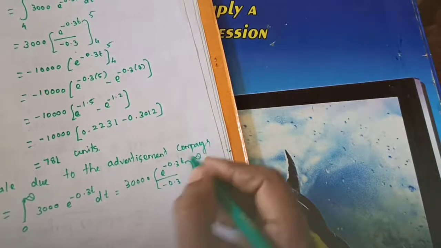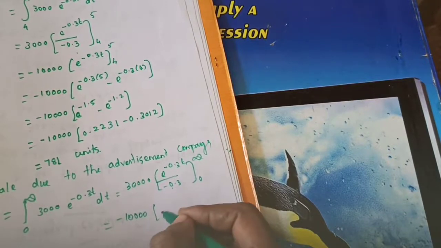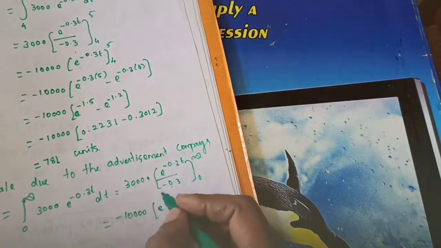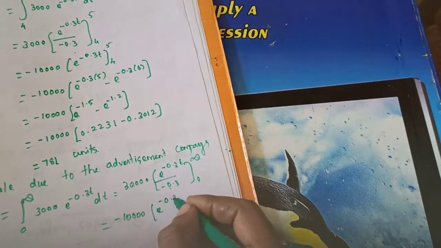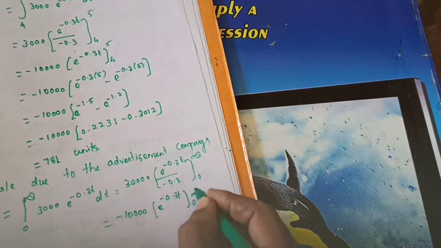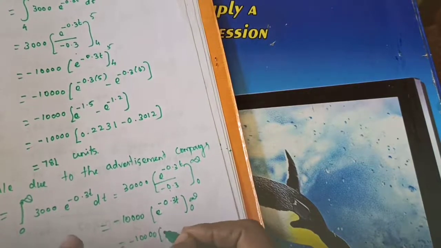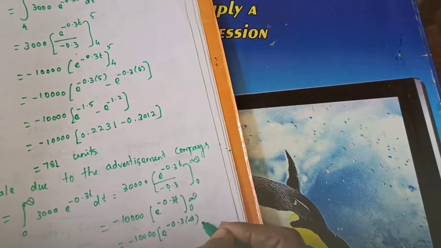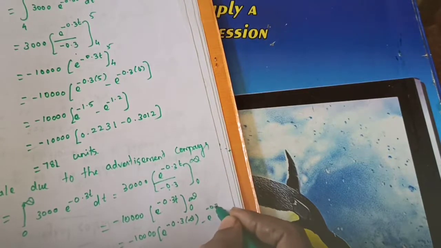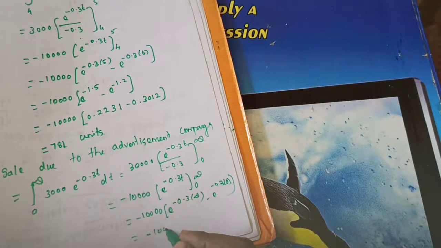The limit is from 0 to infinity. Divide this by this, you will get just minus 10,000 e power minus 0.3t. The limit is from 0 to infinity. Apply the limit, minus 10,000 into e power minus 0.3 into infinity minus e power minus 0.3 into 0. So this will become 0. Okay, you will get minus 10,000.